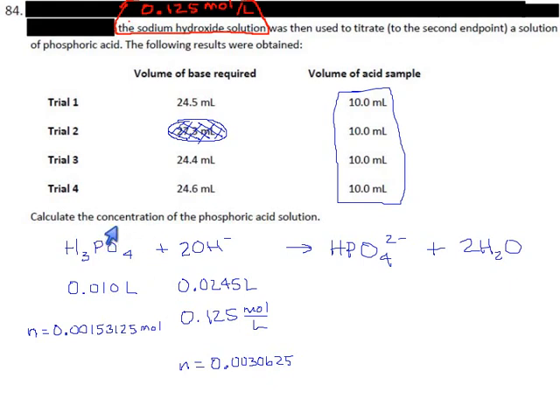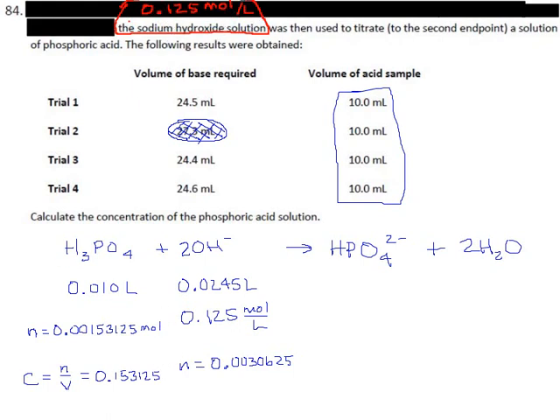Why do we care about that? Because their question is, what's the concentration of the phosphoric acid? Well, you can always find a concentration if you know number of moles and volume. We have our number of moles. Our volume is 0.01. So I get a concentration of 0.153125 moles per liter.